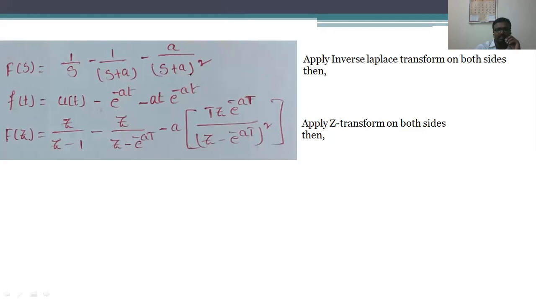We get f(t) = u(t) - e^(-at) - a t e^(-at). Now applying the Z transform, we get the Z transform for the step function as z/(z - 1) minus z/(z - e^(-aT)) minus a T z e^(-aT) divided by (z - e^(-aT))².